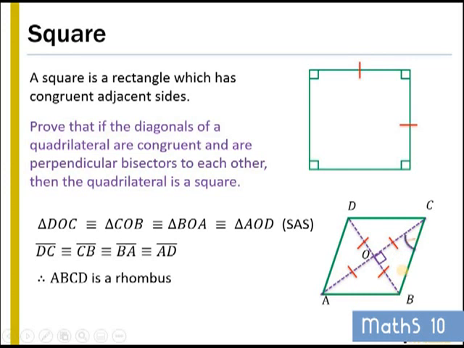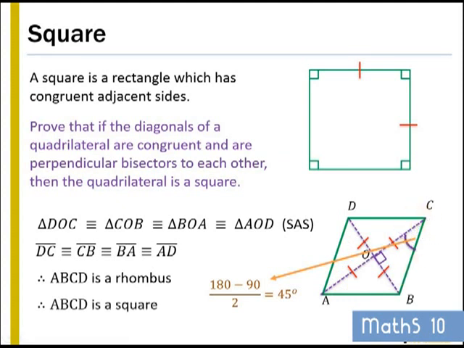So we can calculate the size of this angle by doing 180 minus 90 for the right angle, divided by 2, which is 45 degrees. This angle, this angle, this angle, this angle, this one, and this one must also be 45 degrees in the same way. So the angle at each vertex is 90 degrees. Therefore, ABCD is a square.